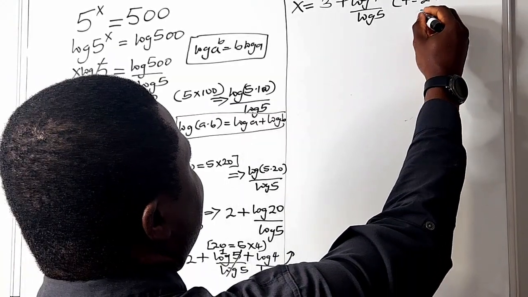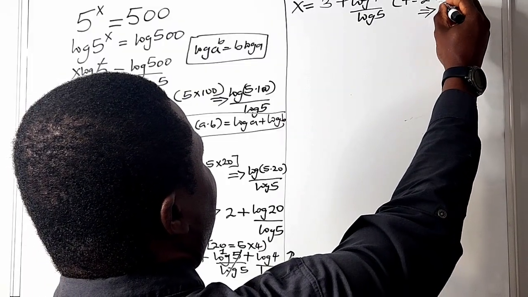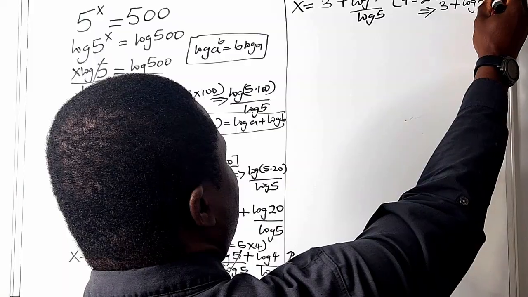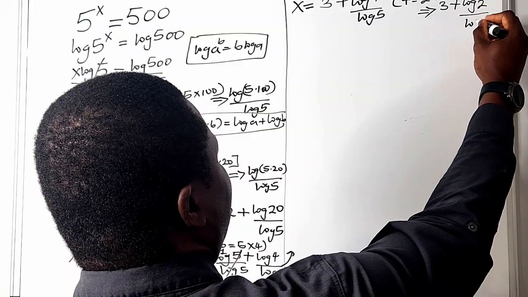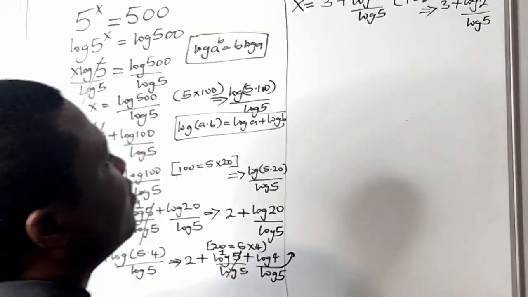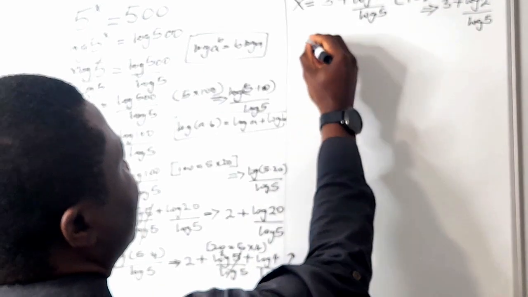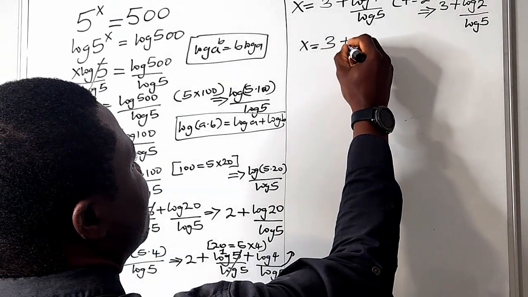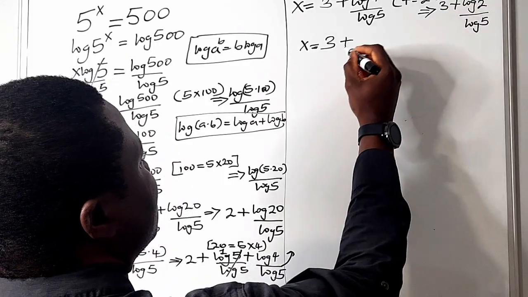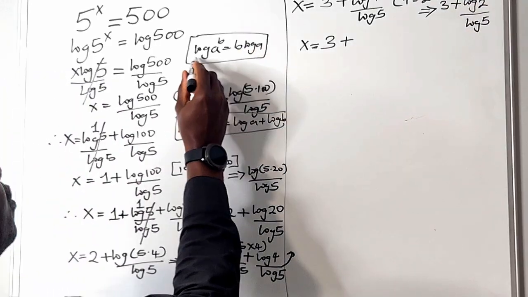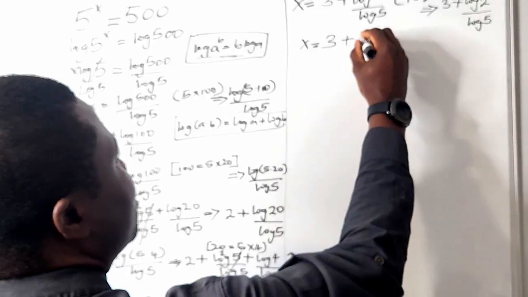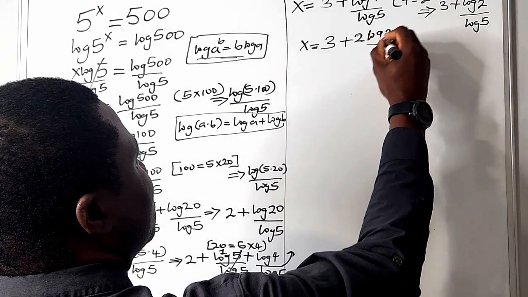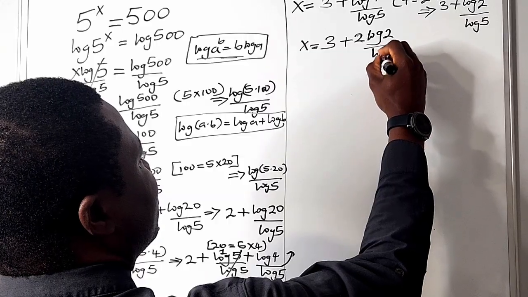So this becomes 3 plus log 2 raised to the power 2 divided by log 5. Now, x is equal to 3 plus this 2 comes over here from this rule, becomes 2 log 2 over log 5.